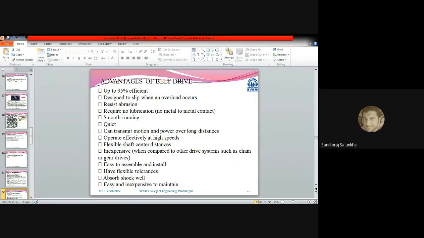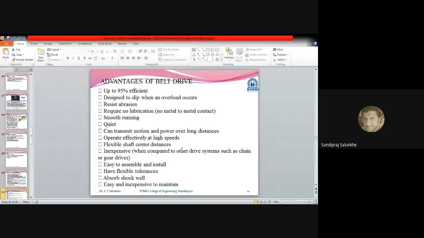If you are going to compare with some drives which are transmitting more power and with less slip, then we can say the efficiency is only 55 to 95%. Sometimes we are going to get 98, 99% also. With that, if you are going to compare, then these belt drives are not efficient. Only 95% efficiency there.